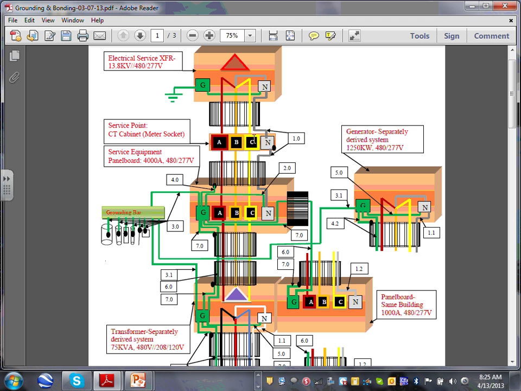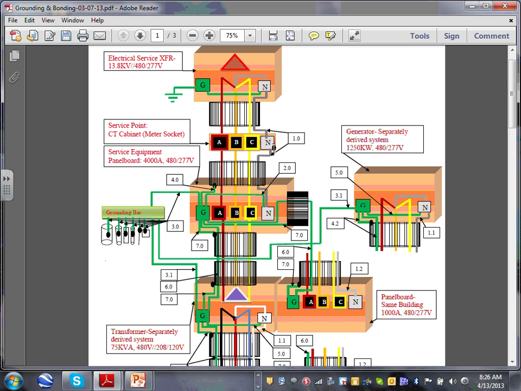So here's my CT cabinet right in here. I want to bring your attention, guys, that we brought a three-phase system with a neutral, the gray neutral, with the 482.77 system. We're landing phase A, B, and C in the CT cabinet, right? And at the CT cabinet, what we do is we bond the CT.